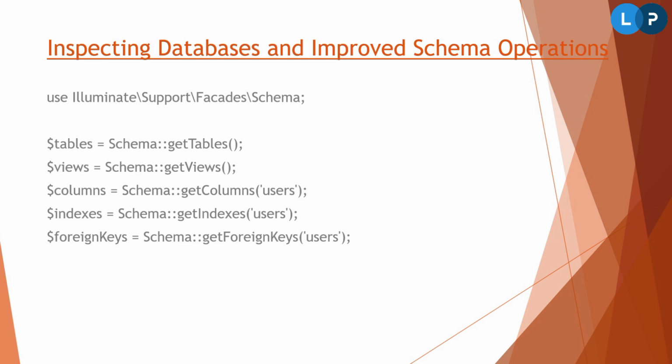You can see getTables, getViews, or if you want to get columns, say for users, getColumns will show the column names from the users table. If you want to check what indexes we defined on the users table, we can use getIndexes, or for foreign keys we can use it in the same way. So these are additional features.